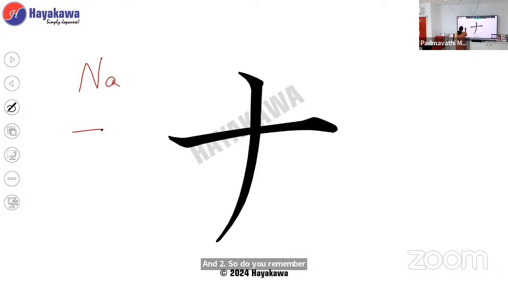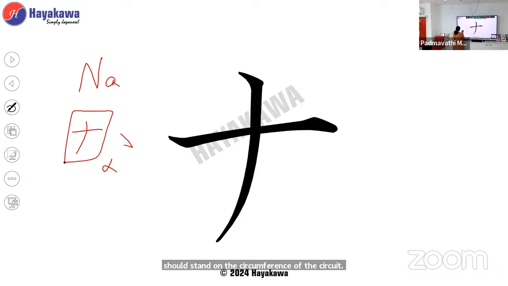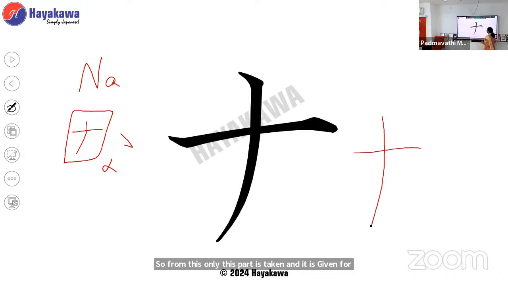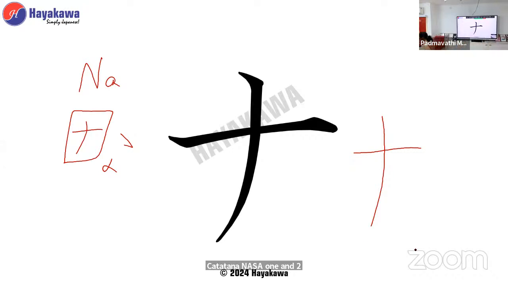If you draw a circle, it should stand on the circumference of the circle. From this, only this part is taken and given for katakana na. So 1 and 2. Na.